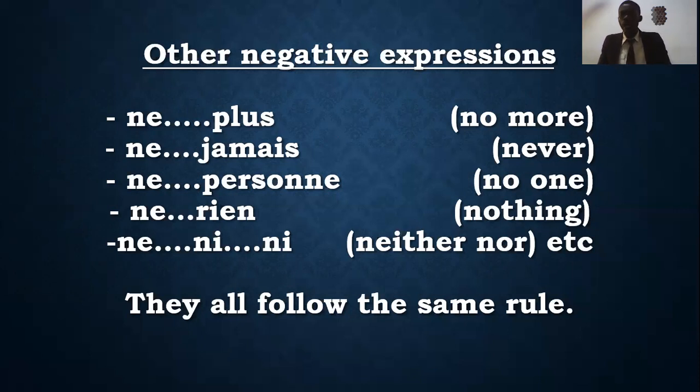Du, de la, de l'apostrophe, that is partitive article. Or numerals, numbers. Whenever you have them in a positive sentence, you should make sure in the negative sentence you replace them with de if the next word is a consonant, or de apostrophe if the word that follows is a vowel or silent H.